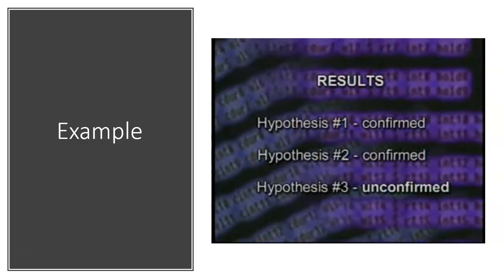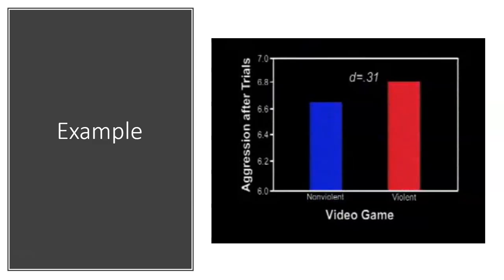The results of the study indicated confirmation of our first two hypotheses, but not the last one. In other words, we found that playing violent video games in the laboratory caused increases in aggressive behavior and aggressive thoughts, but not for our third hypothesis, which was increases in aggressive emotions.